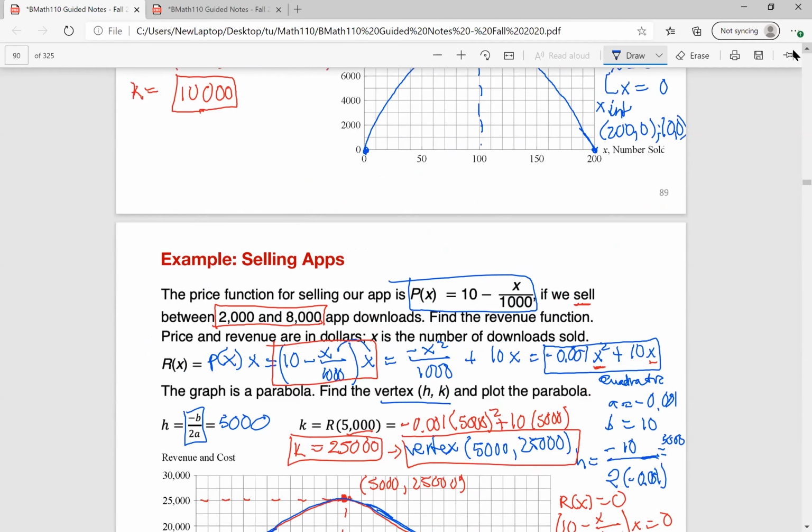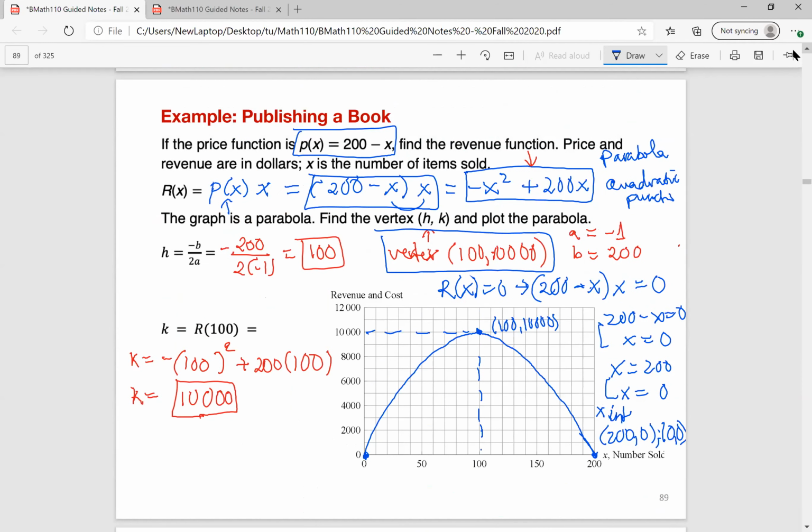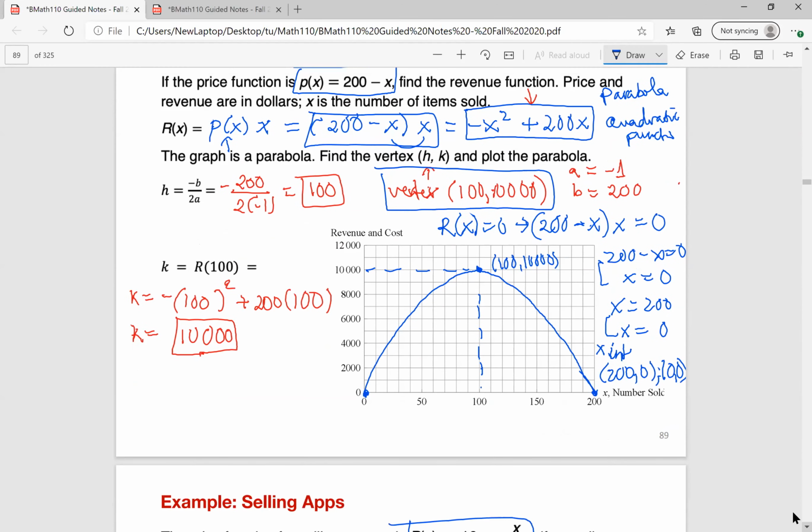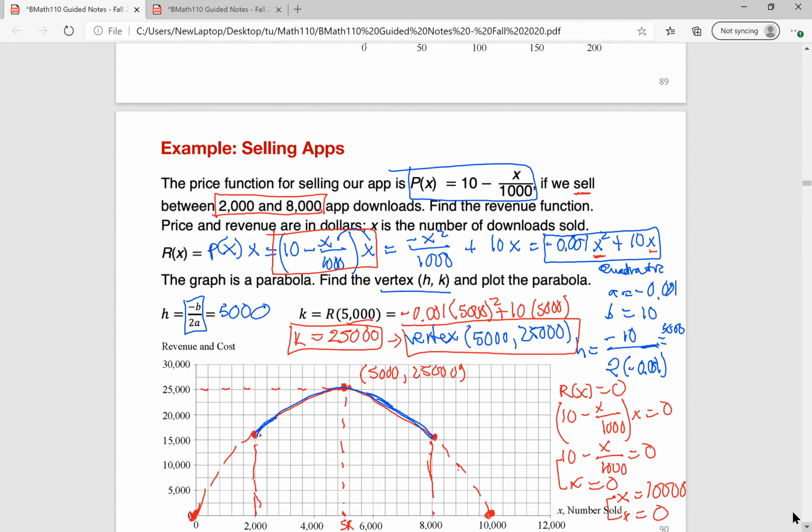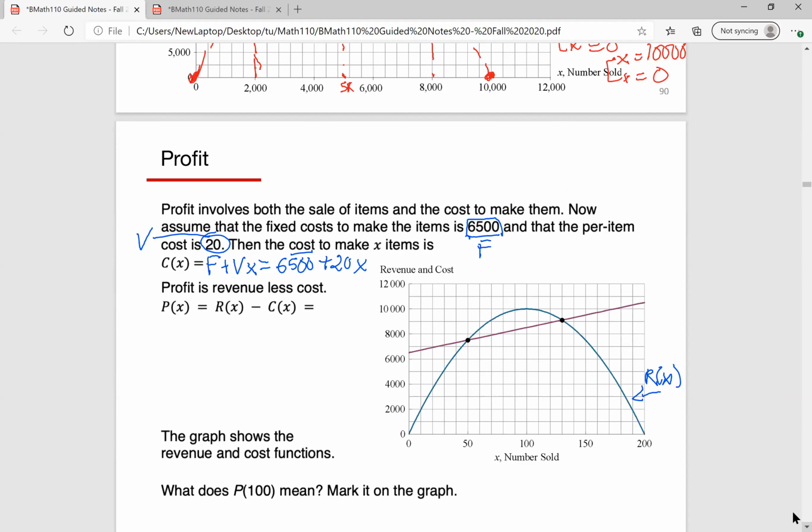So let's move back to here, and I'm gonna say this should be exactly the revenue function that we're going to use for that example. So I'm going to use 200 minus x times x for the revenues. Or actually, I'm going to have revenue R of x from the previous example. I forgot the function already, sorry.